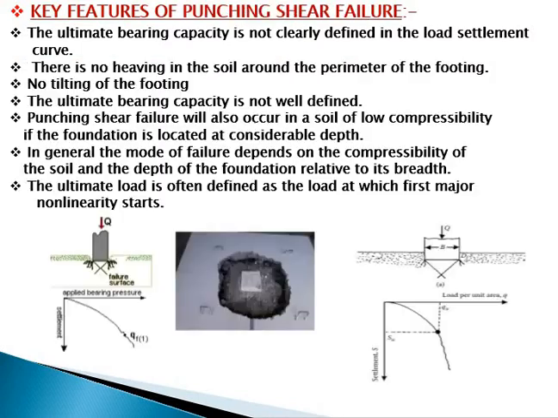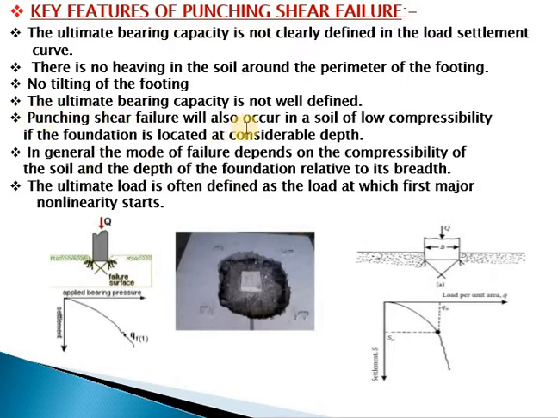Okay. Now punching shear failure. The key feature of punching shear failure is that the ultimate bearing capacity is not clearly defined in the load settlement curve. Okay. And there is no heaving of the soil around the perimeter of the footing. Okay.